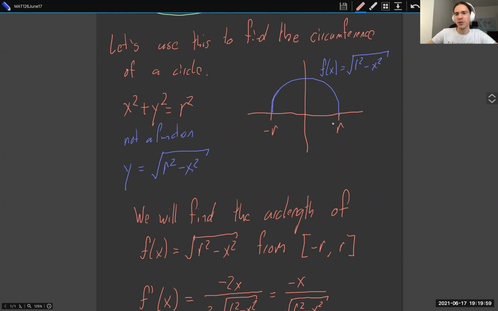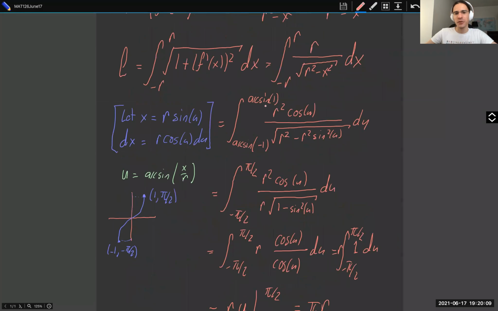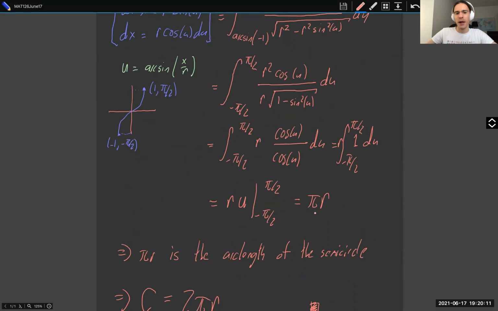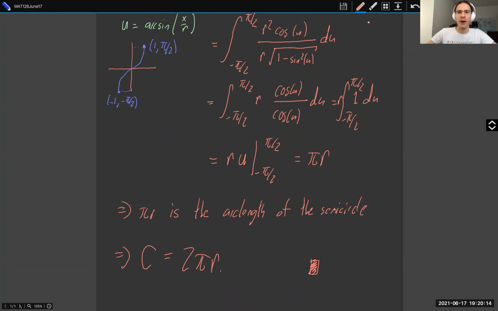But their lengths are equal because one is just a reflection of the other. And you could do the calculation, you get the same answer if you looked at the bottom half. And so for the top half, we did this integral, we did the substitution, we remembered to change the bounds correctly, and we got pi r. And so the circumference of the circle is 2 pi r. And so this is the first time in your lives that you've seen this formula carefully derived. So we have thus far applied calculus to find the area of a circle, the volume of a sphere, and the circumference of a circle, which is pretty cool.